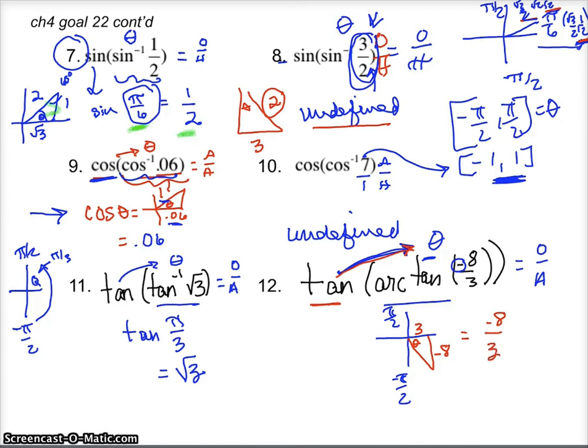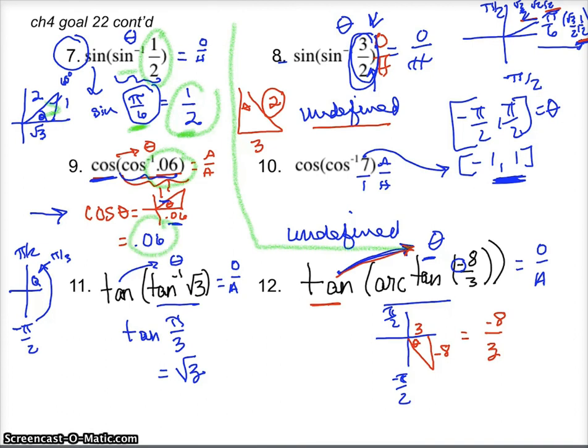So I want you to notice on 7, 9, 11, and 12. We are taking the inverse sine of a half on the inside, and our final answer is a half. On 9, we're taking the inverse cosine of 0.06, and our solution is 0.06.